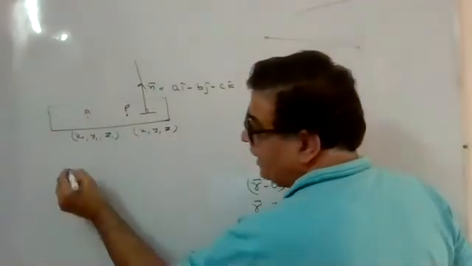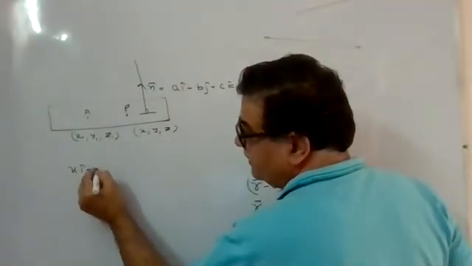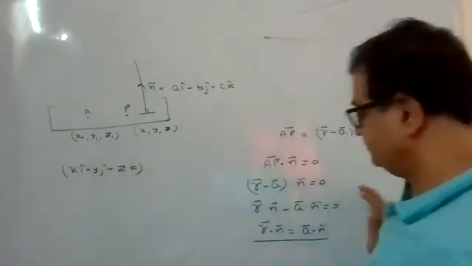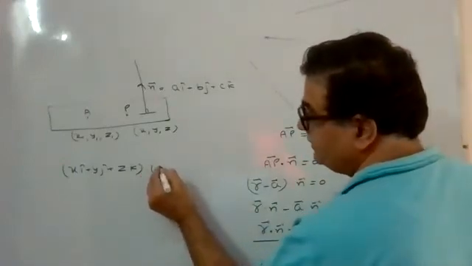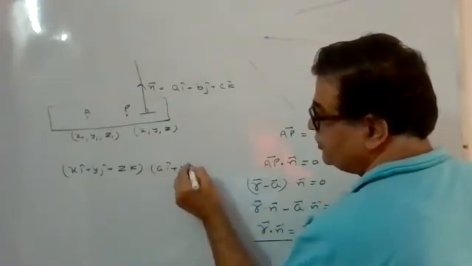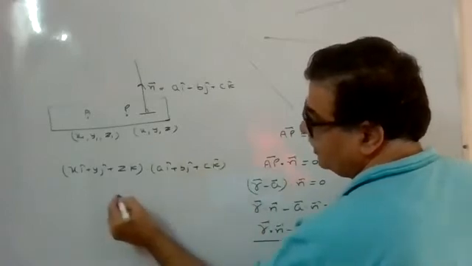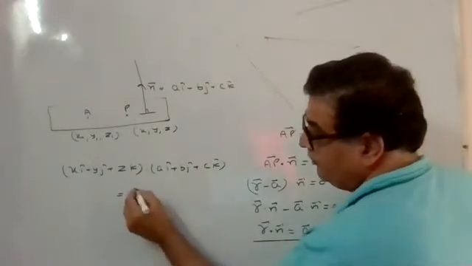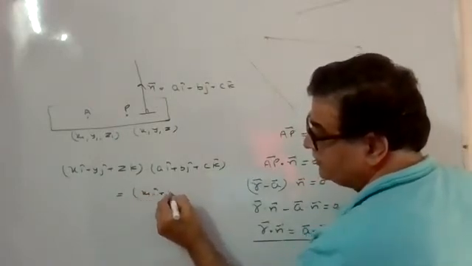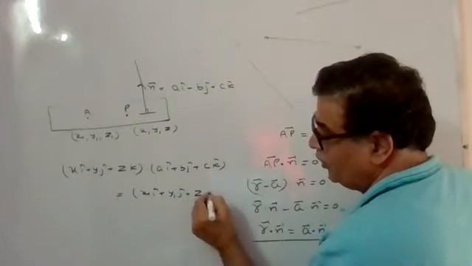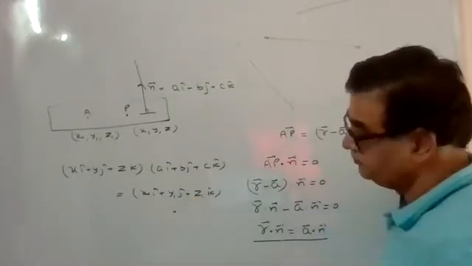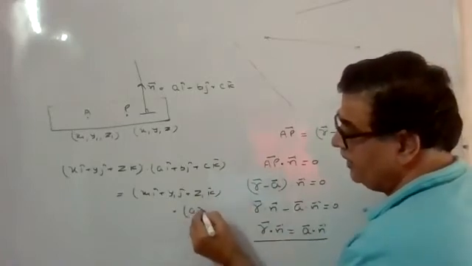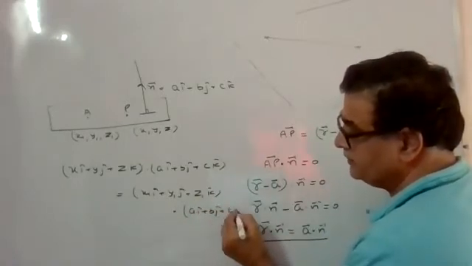R we will write as xi plus yj plus zk, dot n, where n means ai plus bj plus ck, equal to A dot n. A will be x1i plus y1j plus z1k, dot n, which again is ai plus bj plus ck.